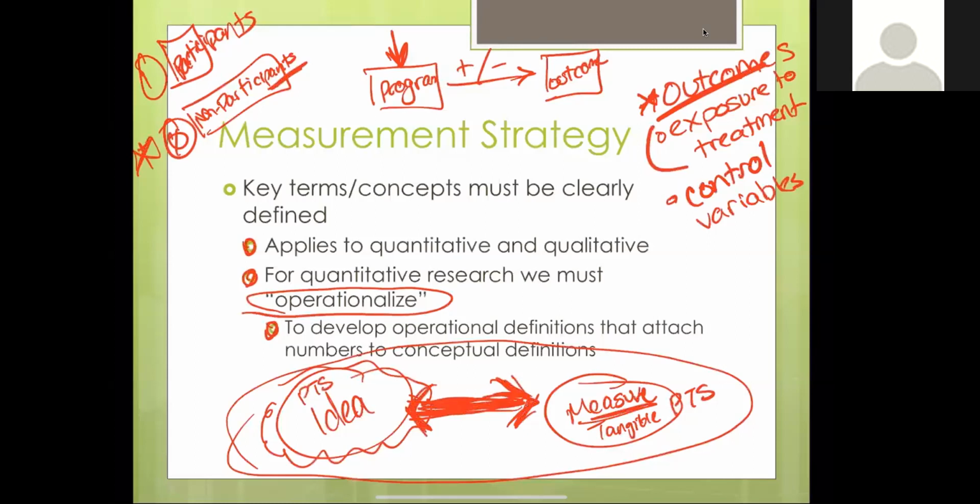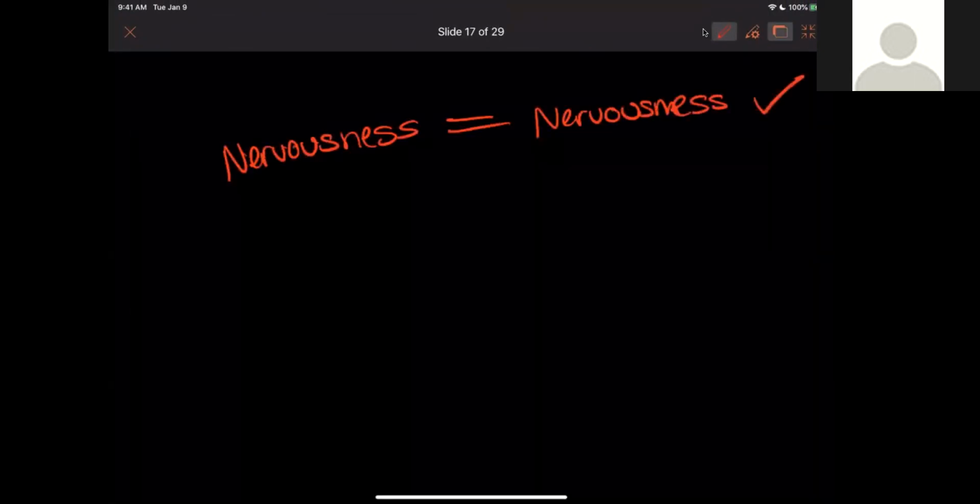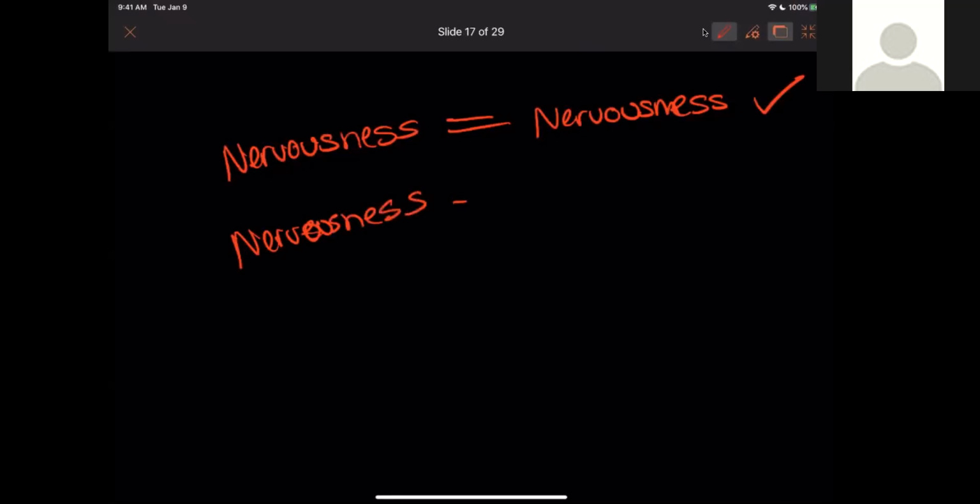So if we ask the question about nervousness, and we're trying to measure nervousness, we've done a really good job. If we're talking about nervousness and we're trying to say that's the same as post-traumatic stress, it may not be.